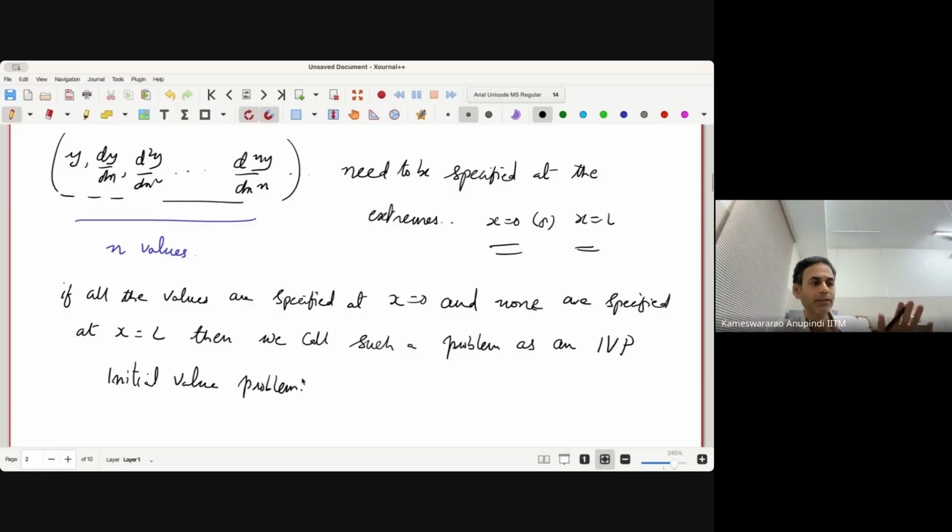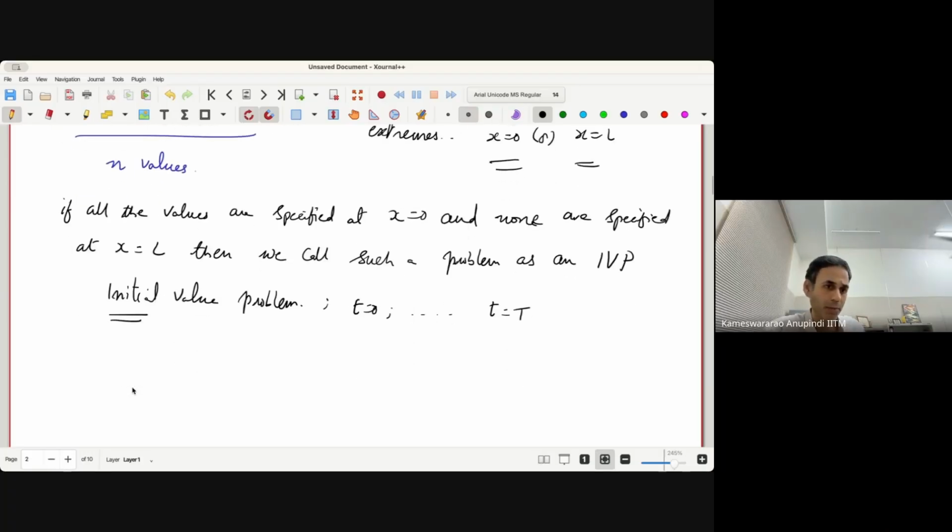That means at x equal to 0 or at t equal to 0, we are specifying all the values that are required, but we are not specifying anything at the other extreme, t equals capital T or x equals L. Since all the values are specified at the initial condition, this is called an initial value problem.